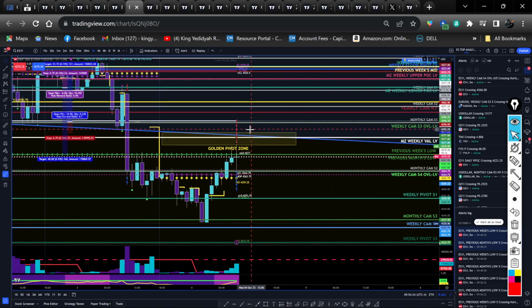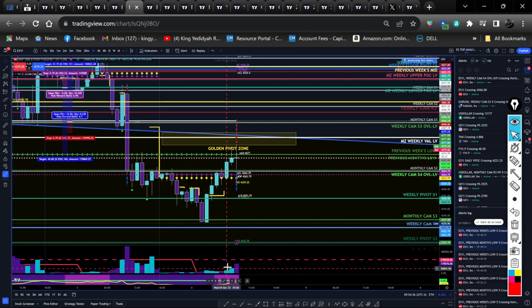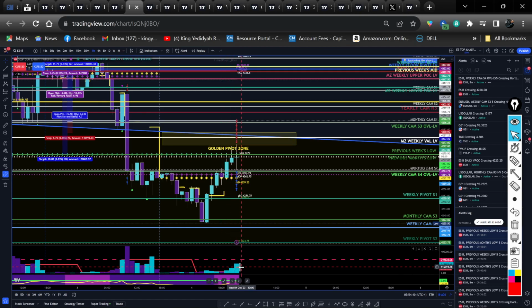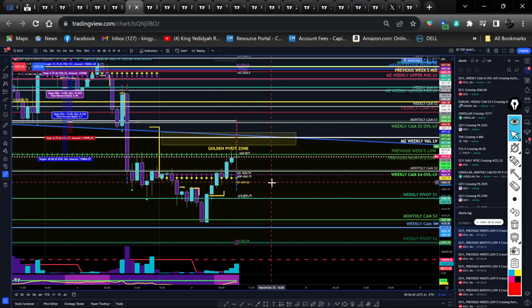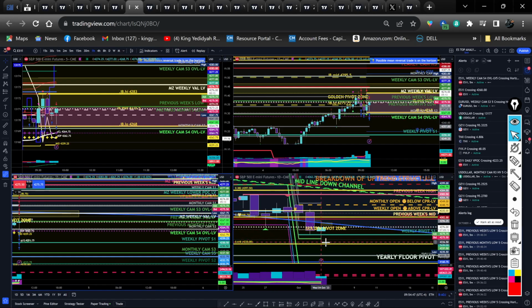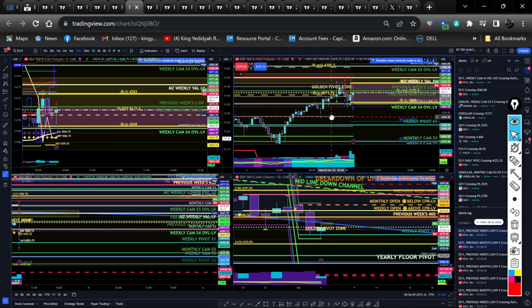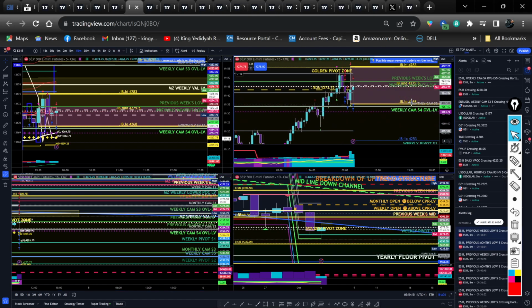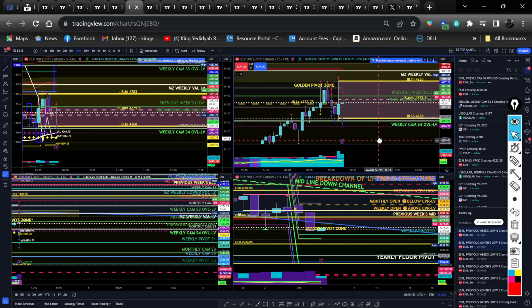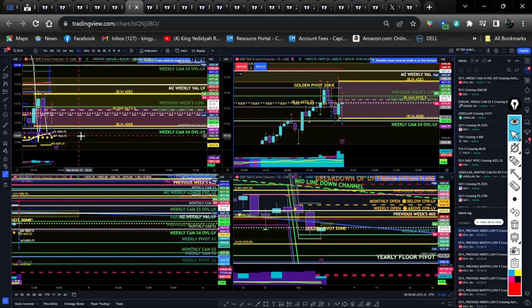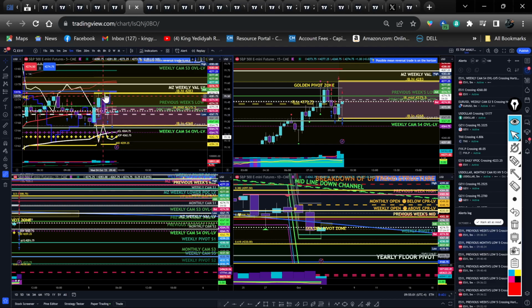Push through the golden pivot zone, but we have rising volume here on the 1 hour chart. So this is looking kind of bullish. That's why sometimes you gotta step back and look at this from a slower time frame. We had the sell-off, no continuation, and then we had two bullish candles.